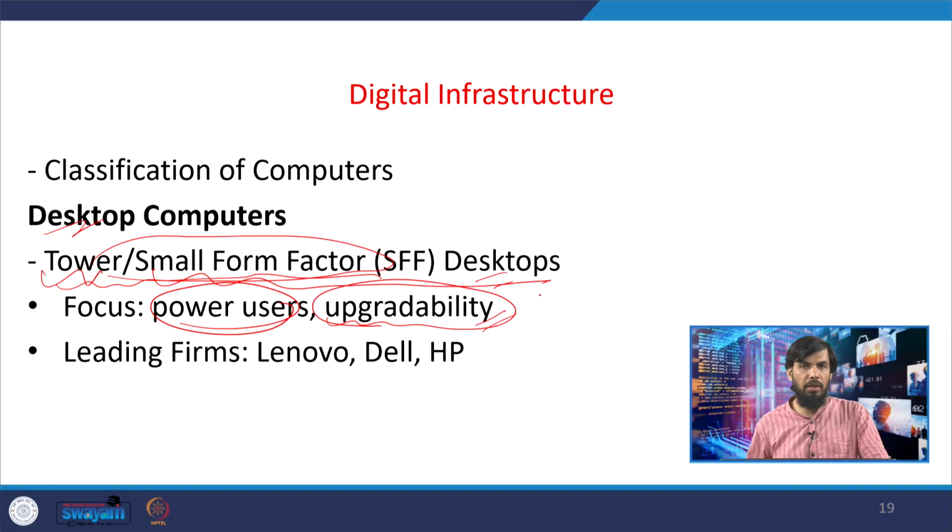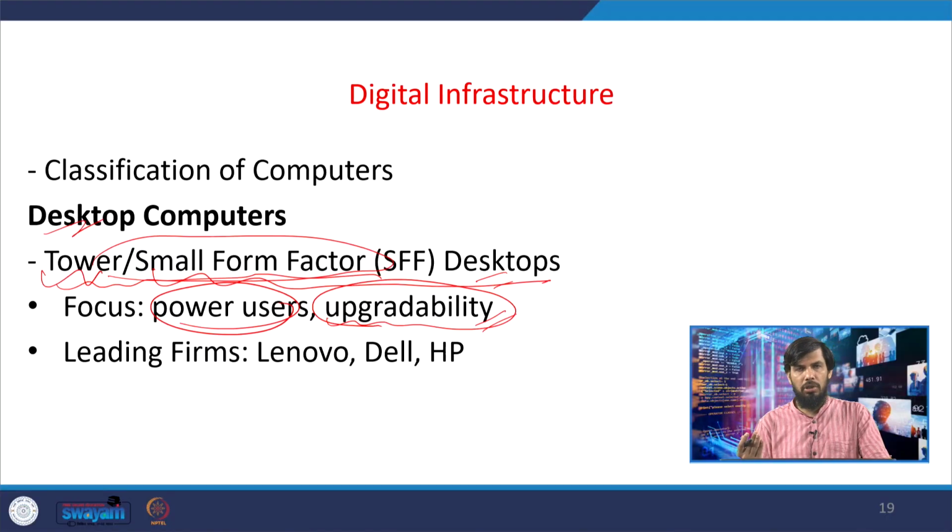So upgradability is an important criterion here, because those engineering software applications might have newer versions and the requirement might go up. As we can see in the case of the Windows operating system, from Windows 8 to 10 and 11, the minimum hardware requirement has gone up, right.